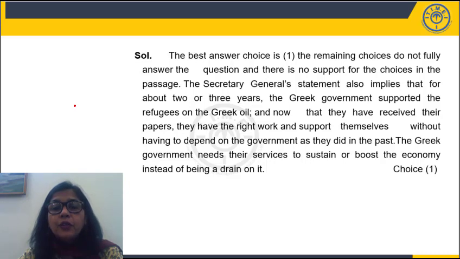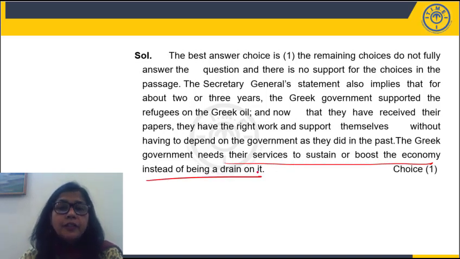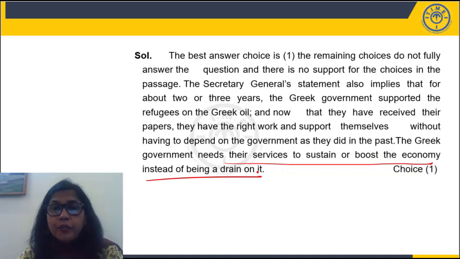So yes, you can go through the explanation. In fact, we can also infer that the Greek government needs their services to sustain or boost the economy instead of being a drain on it. This is going a little bit further ahead as to why the government official would be making the statement that the Secretary General did.